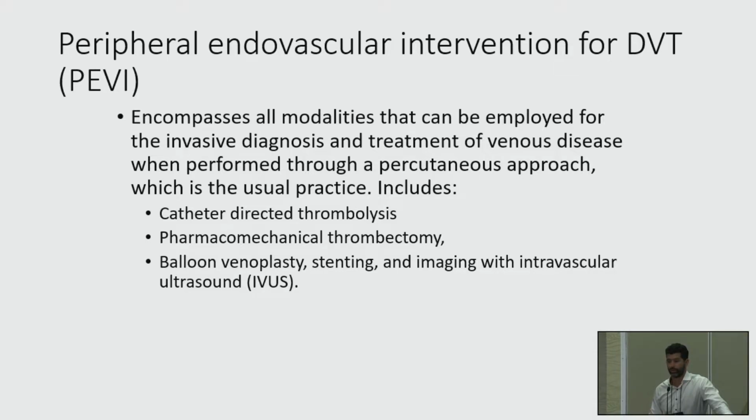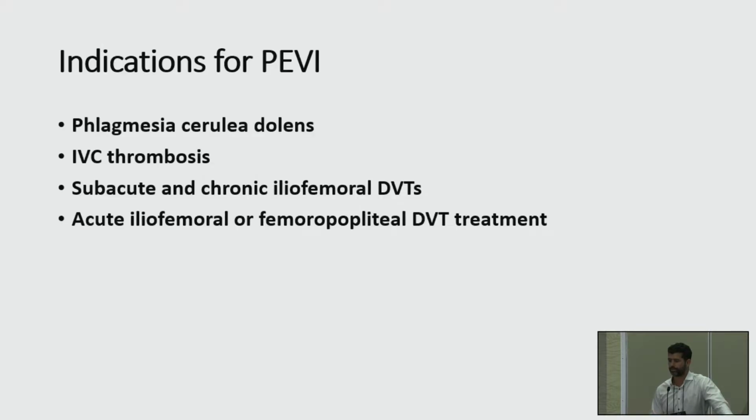You can do pharmacomechanical, which is catheters that inject TPA and at the same time have jets that break up the clot and suck the clot. You can have different types of mechanical thrombectomy, from baskets to suction catheters, but their ultimate goal is the same: to reduce almost in its entirety the thrombus burden.